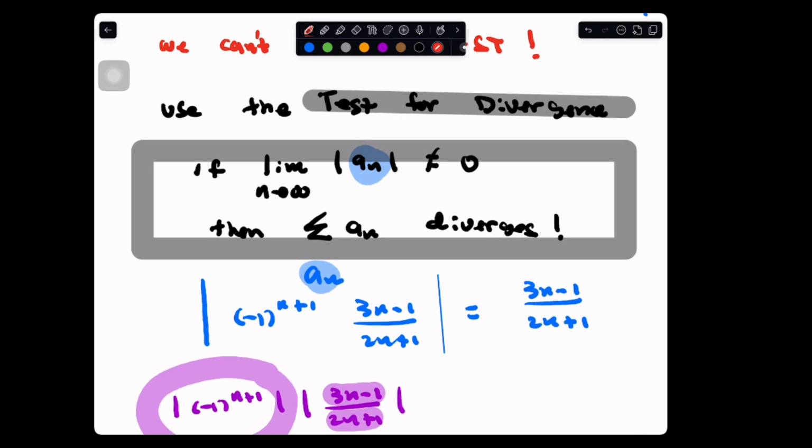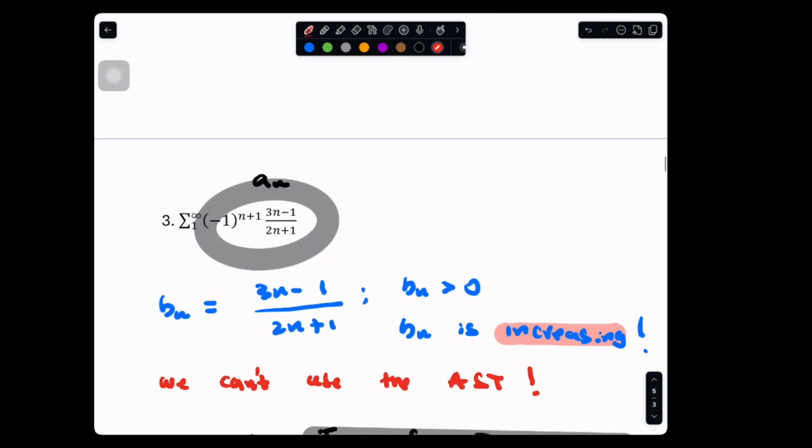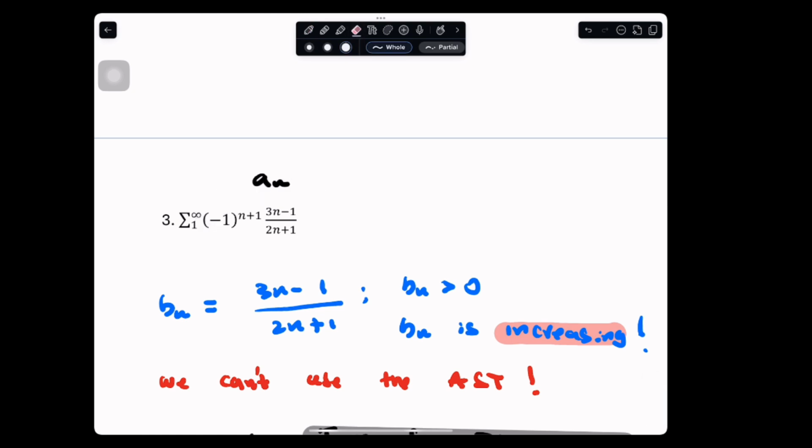The divergence test, also called the test for divergence. So even though we couldn't use the AST, we can use the test for divergence, and we know that this series diverges.